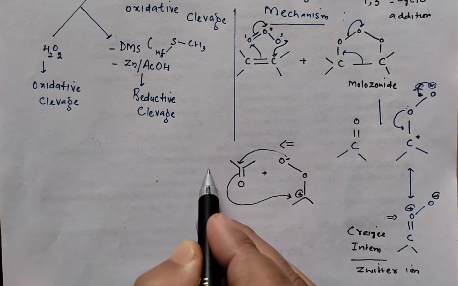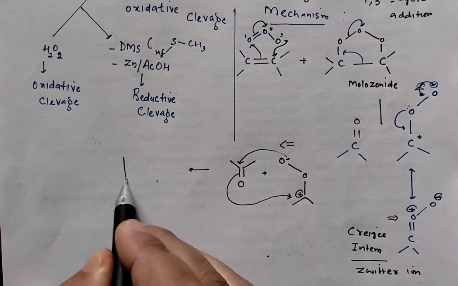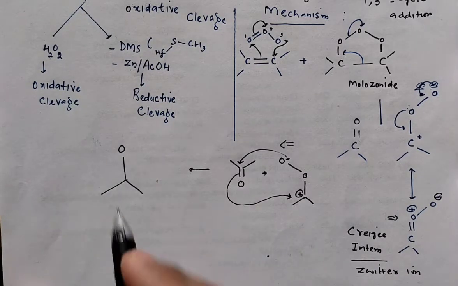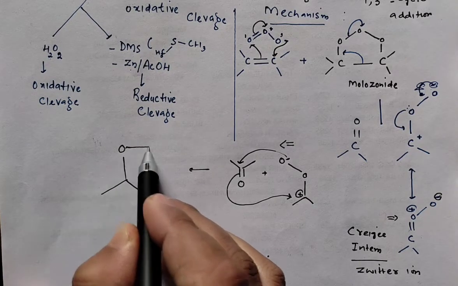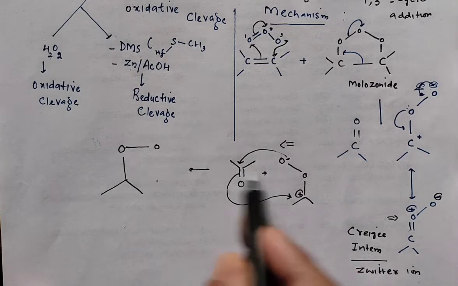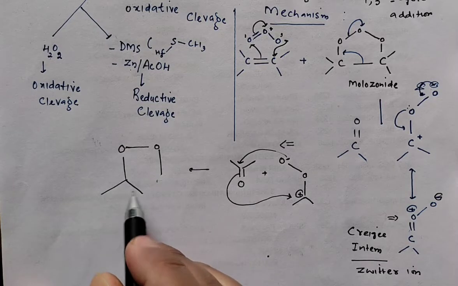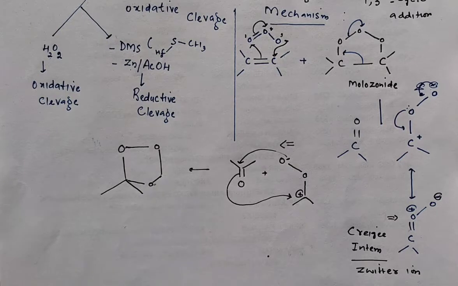So what you get is, you can show it like this. So down, then you have this oxygen here. So two oxygens, then you have, this is your structure formed. Okay.